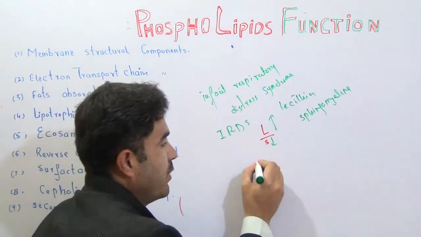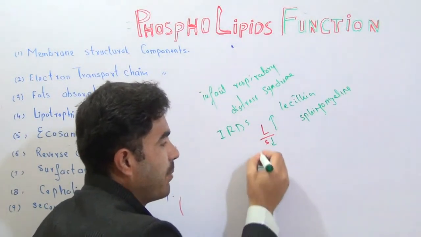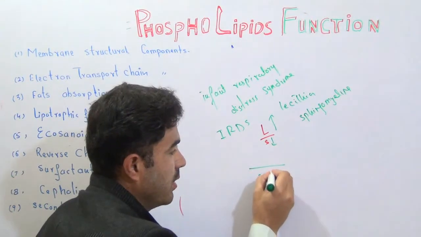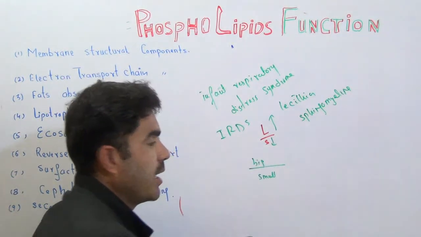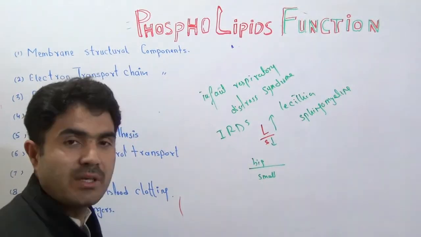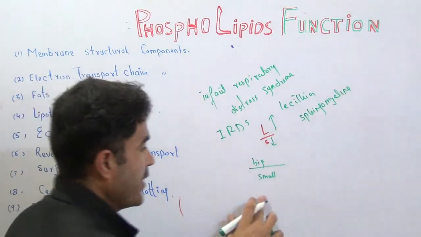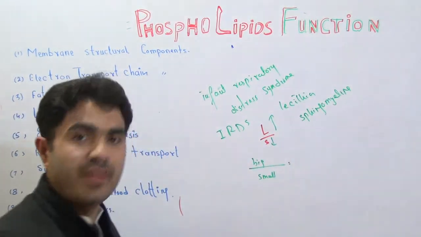Because of this you will get a bigger number above the line and a small number below the line. When you divide the big number by the small number, you will get an answer more than 1.